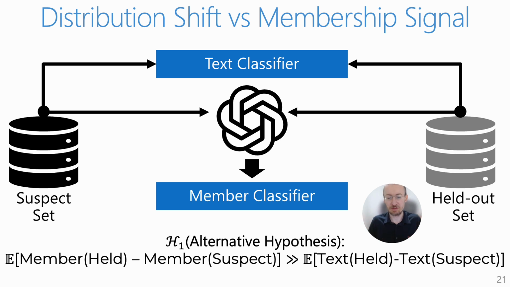So here we wouldn't have any differentiation between the held out and suspect set, and this value here would stay close to 0. So the expected difference between member classifier on held out versus suspect set would be significant, so much bigger compared to the difference between the scores for the text classifier.